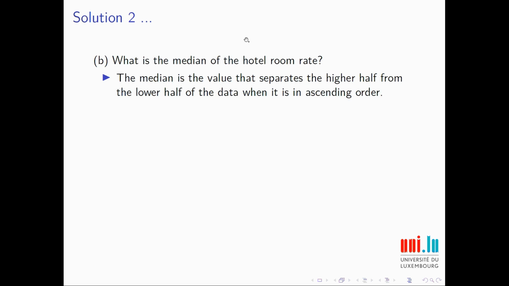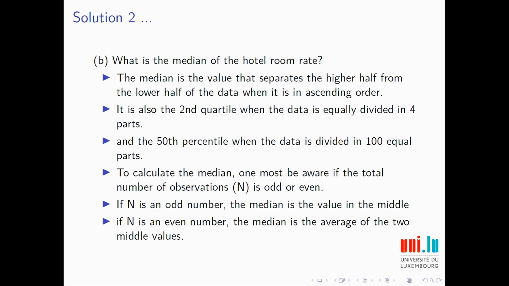Next, what's the median of the hotel room rate? On the next slide, you see some definitions for the median. The median is the value which separates our data set into two halves. An important point to bear in mind: to find the median, you have to have your observations in ascending or descending order.